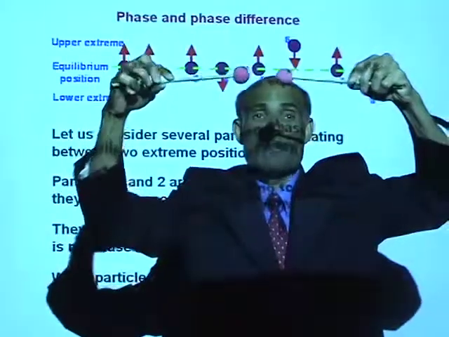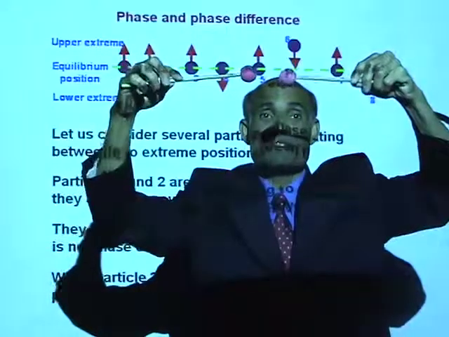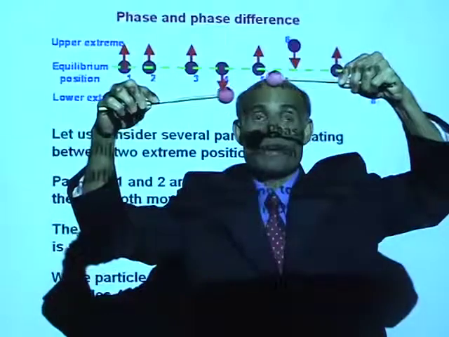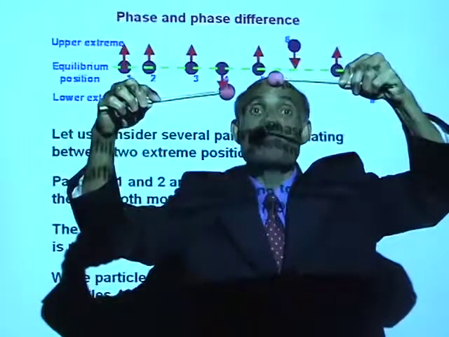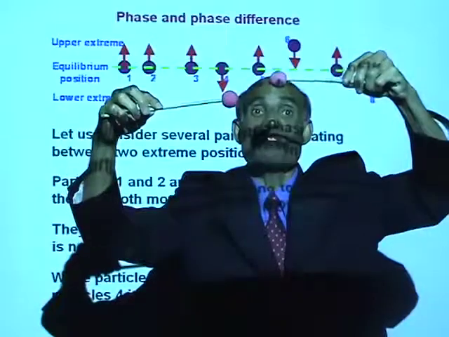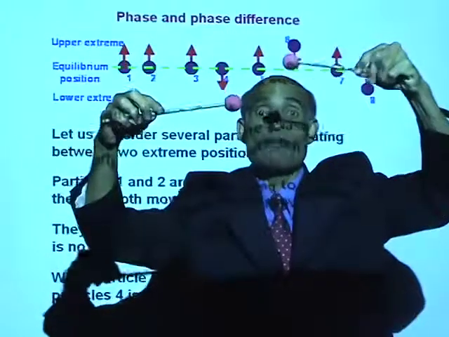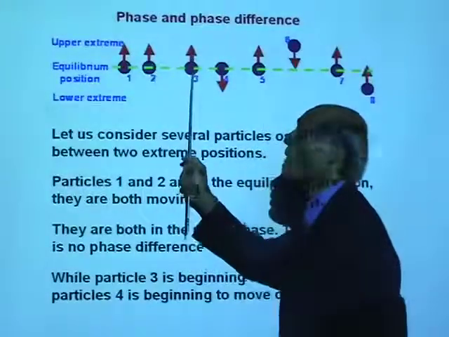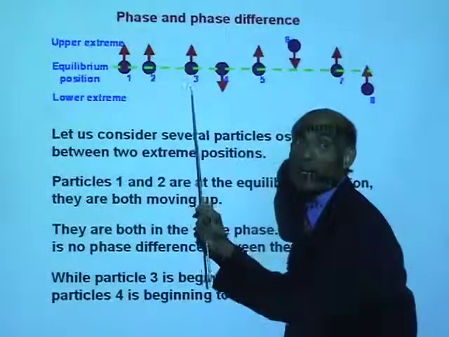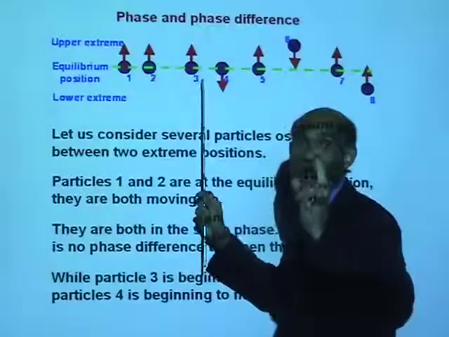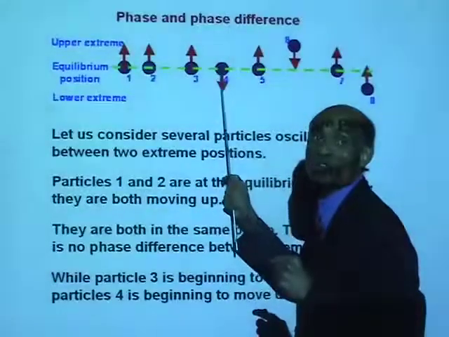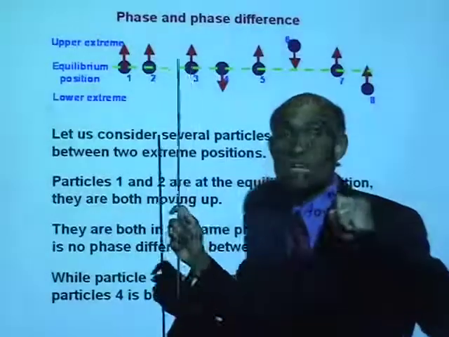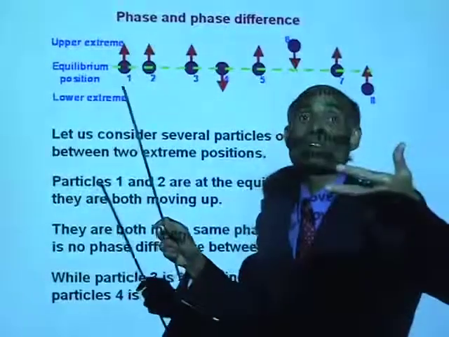When I say my right hand, it will look like the left hand to you in the picture. You see, this particle that is beginning to move down is half a period ahead of the particle that is moving up. Now what does that mean? Remember, the time taken to go up, back and down and back is one period. So this particle has gone up and come back. That means it has already covered half a period.